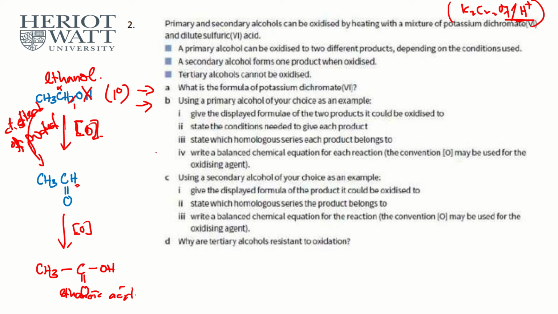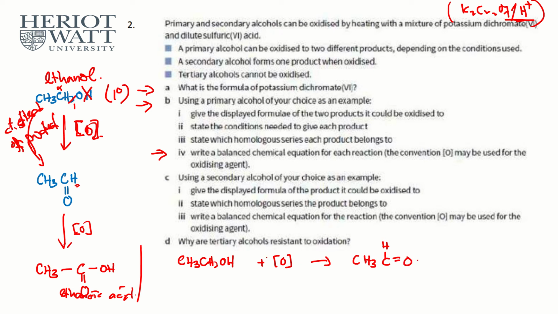Now I want you to pay attention to this part 4. Write balanced chemical equations for each reaction. The conversions of oxygen may be used as oxidizing agent. So this is what I meant just now, the square bracket O. I'm going to show the equations here one by one. First, I'm going to show you how ethanol changes into an aldehyde, CH3, CH double bond O, by adding oxygen. That's the first reaction.